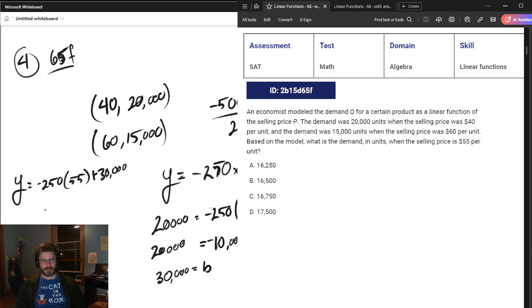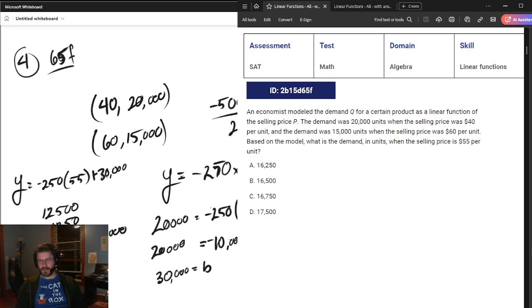So 10,000, 1,000, what's that going to be? 12,500 plus 1,250. That's negative, so whatever. That's 13,750 negative plus 30,000.